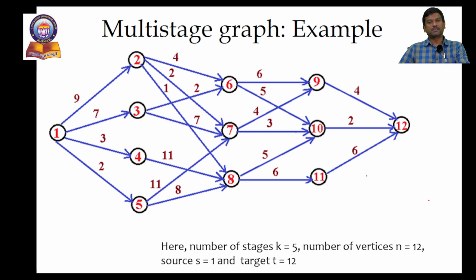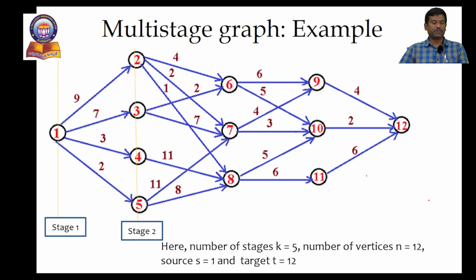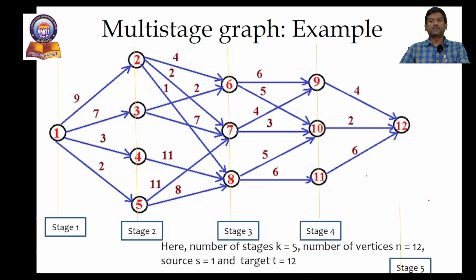What do we mean by a stage? A stage is nothing but a vertical line that has been drawn. This is stage 1 with vertex 1, stage 2 containing the vertices 2, 3, 4, 5, and similarly stage 3 containing the vertices 6, 7, 8, and so on. There are totally 5 stages from the source vertex to the destination vertex.